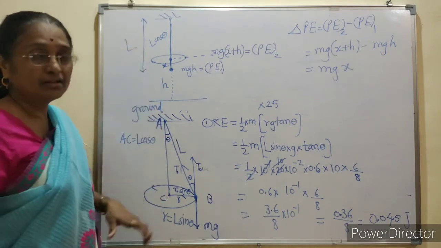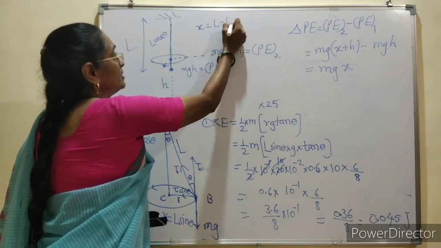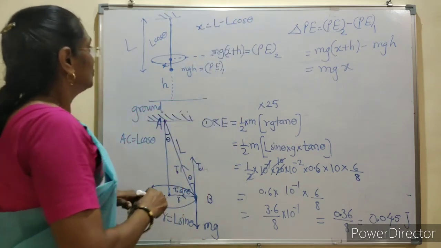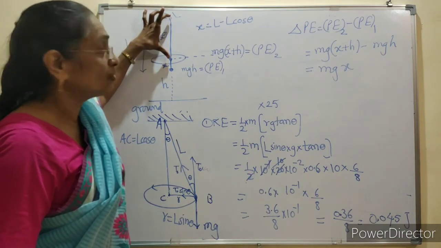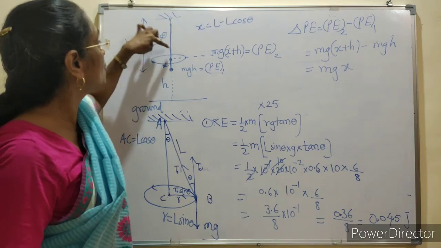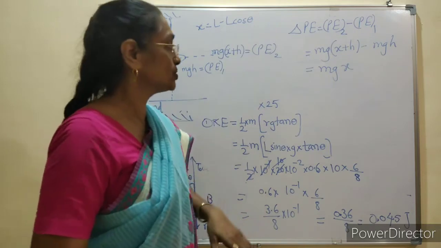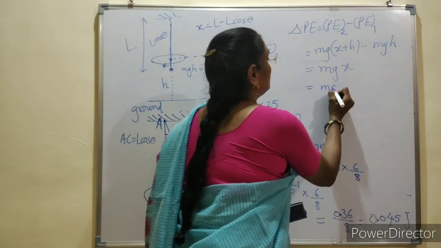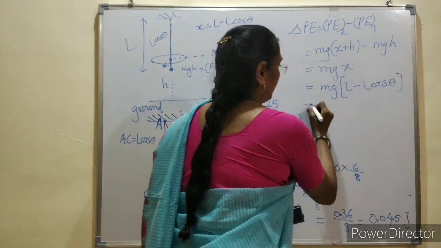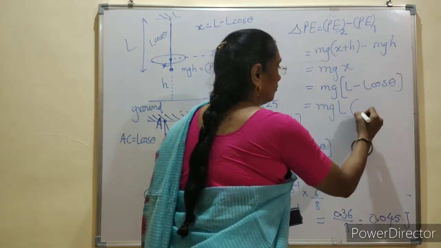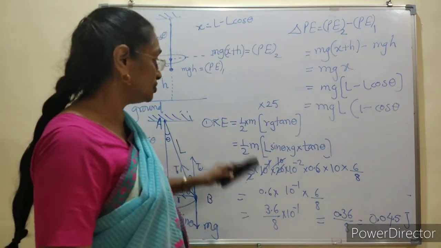This length is L. Therefore, x becomes L minus L cos theta. So the original length minus the length of the axis around which the cone is traced, L cos theta. Therefore x becomes L minus L cos theta. So we write mg into the bracket L minus L cos theta, which is mgL(1 minus cos theta). It is the change in potential energy.